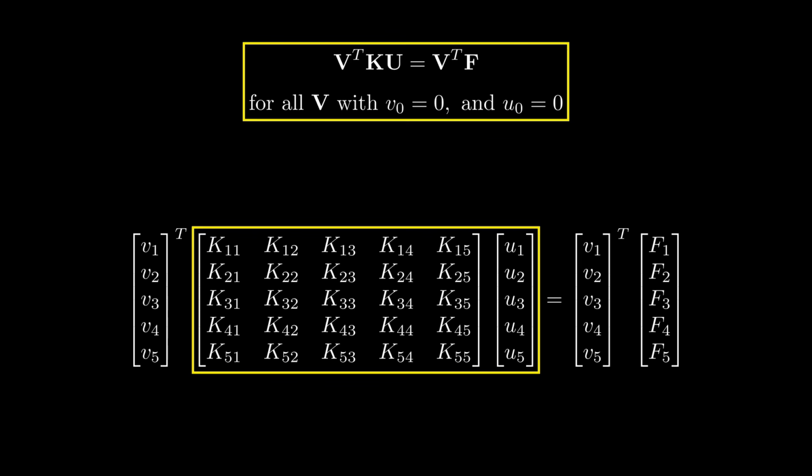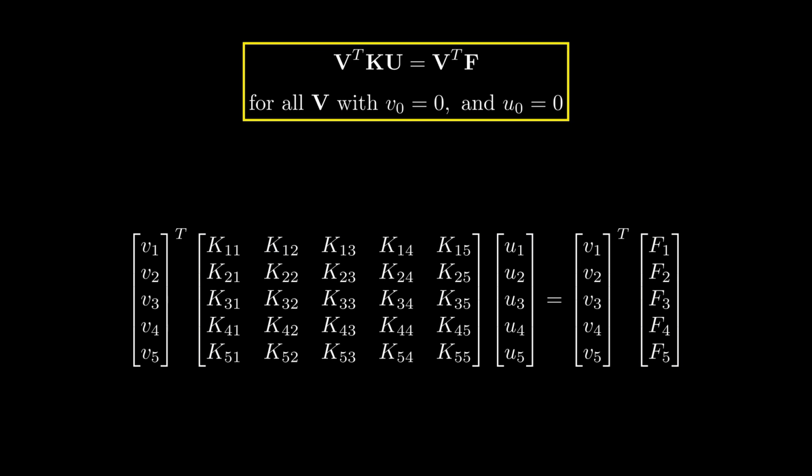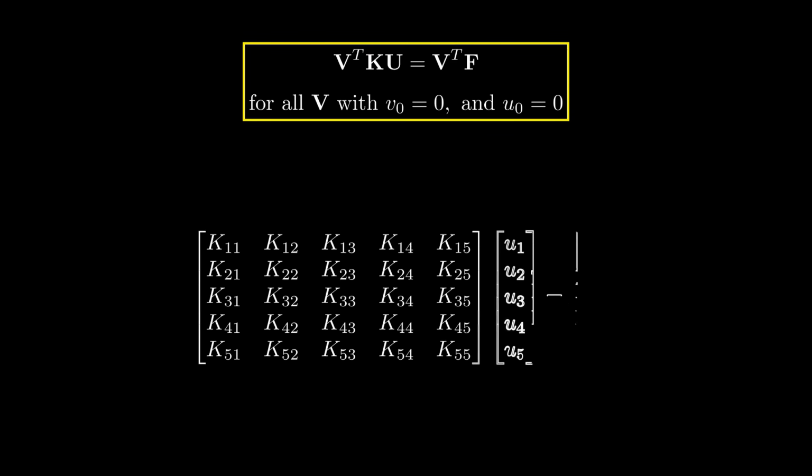On the right hand side of the equation, v is multiplied by the vector F. If you think a little bit about it, then you will realize that the equation can only be true for all vectors v if and only if v is multiplied by the same vector on both sides, which means that K times u must be F. We finally arrived at a linear system of equations that can be solved for u.